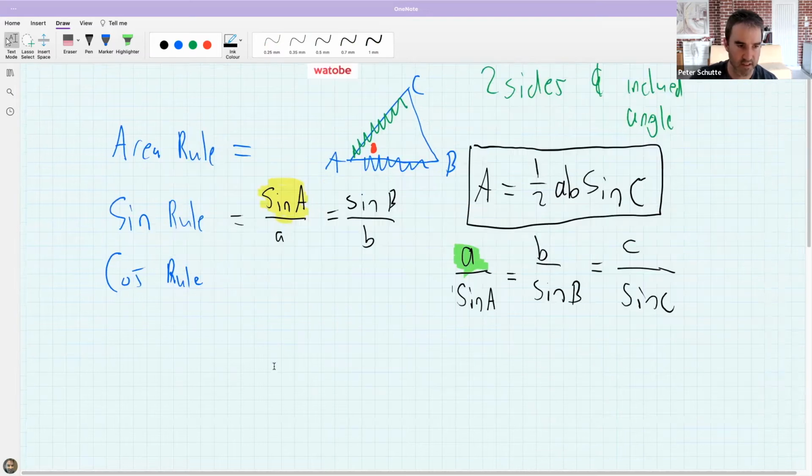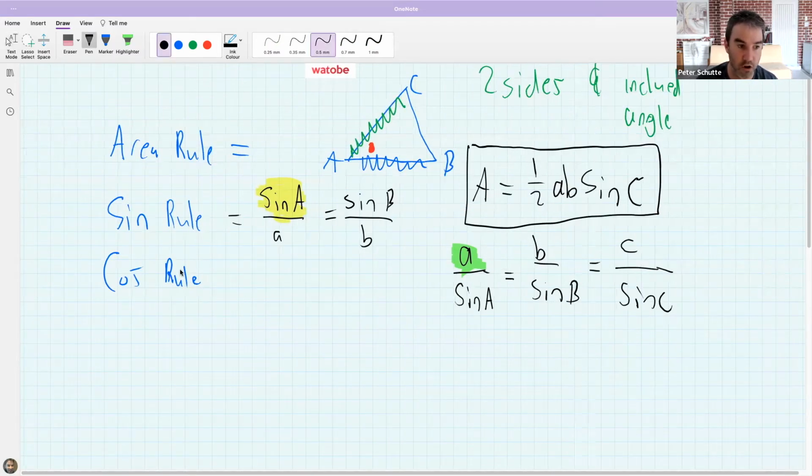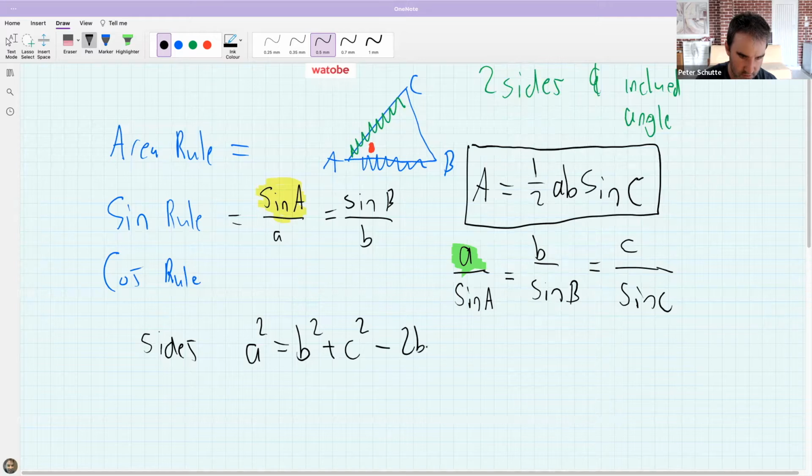Then the last rule that we learned about in the last two lessons is the cos rule. When we are finding sides with the cos rule, we are looking for, again, two sides and an included angle. Often it looked a bit like this. That would be finding sides using the cos rule.